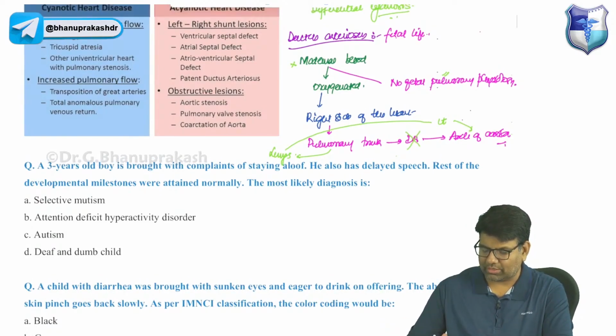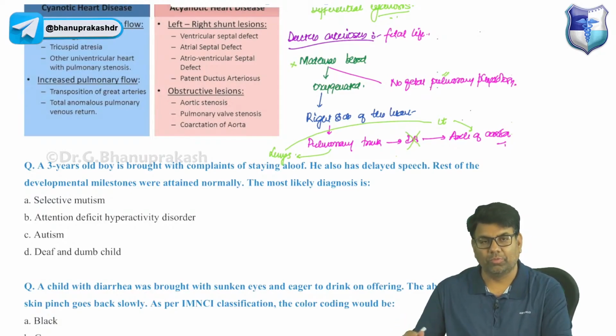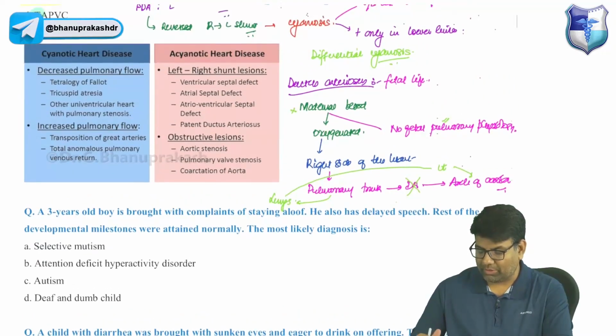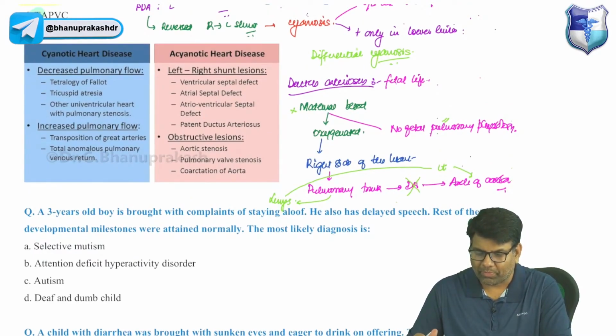So the ductus arteriosus is very valuable in fetal life, but it is of no use in a newborn. So once the baby is born, this ductus arteriosus should close.